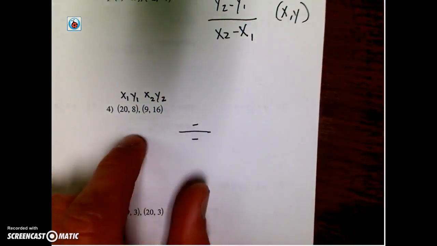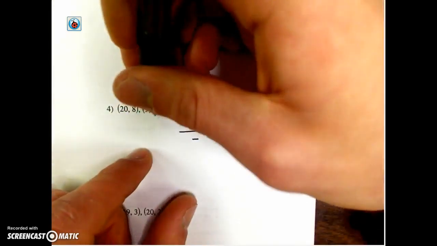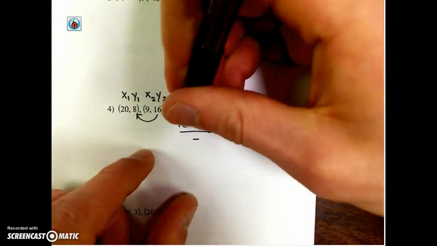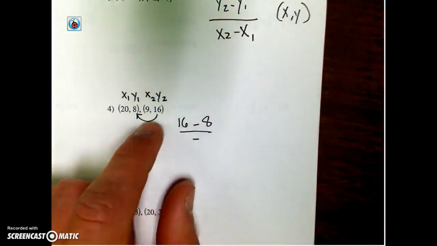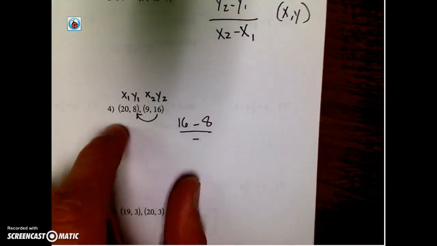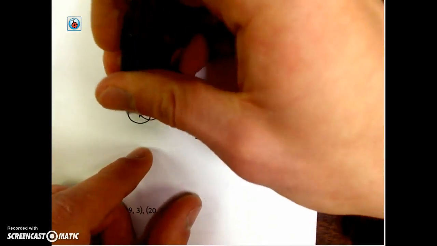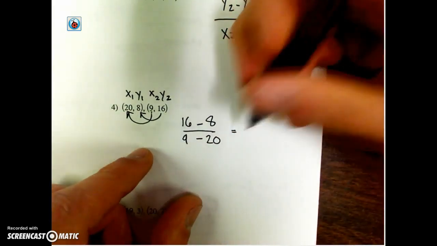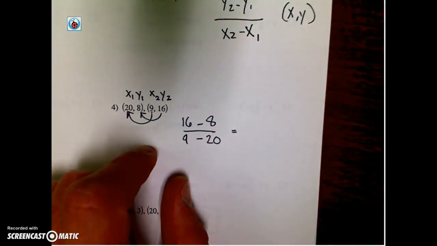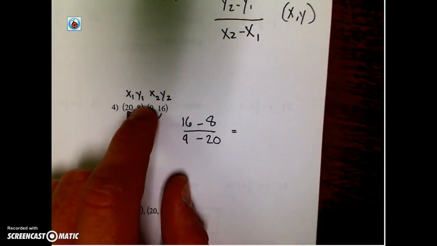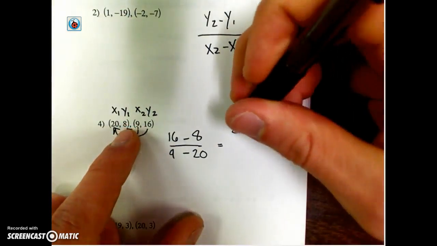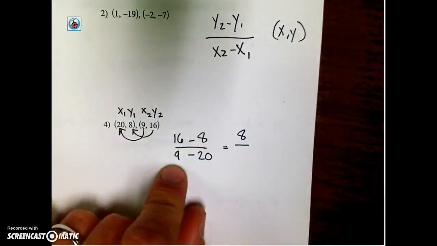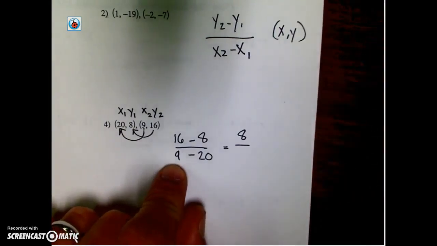All right, so I've got a y2 minus a y1 over top of an x2 minus an x1. And then we'll put our numbers together and see if we can do any simplifying. 16 minus 8 gives me an 8. 9 minus 20 takes me to a negative 11.